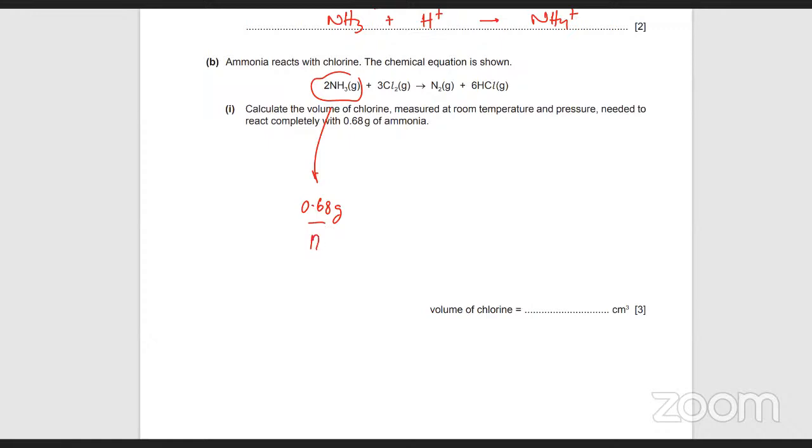MR इसकी 17 होती है, अमोनिया दैट्स 14 + 1 + 1 + 1. तो कितने मोल्स है? 0.04 moles.